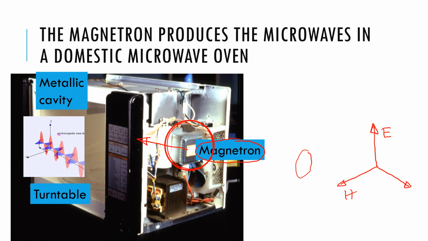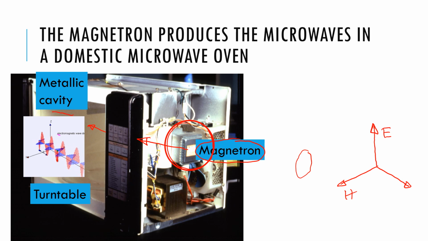In the oven, all 6 walls have to be metallic, and so there is the wave coming in from this side from the magnetron, and these metal walls reflect the microwaves.